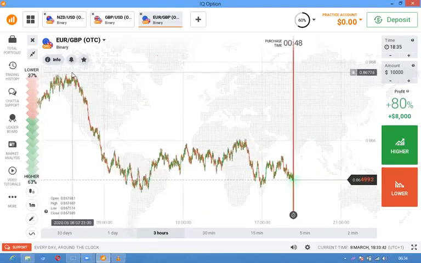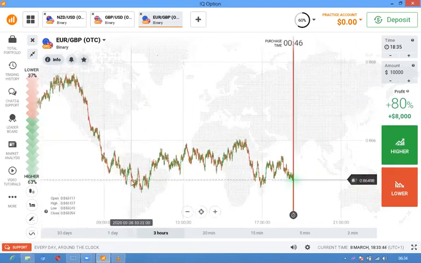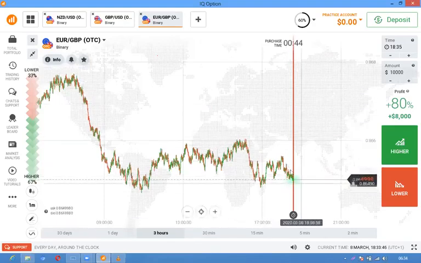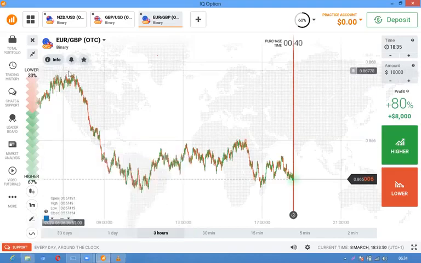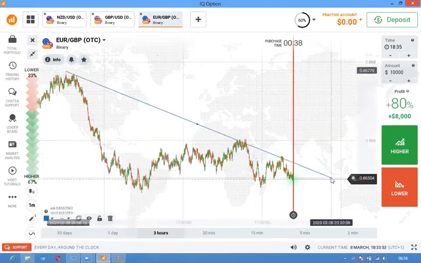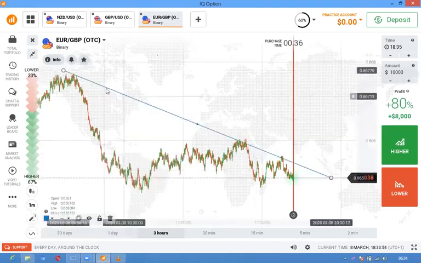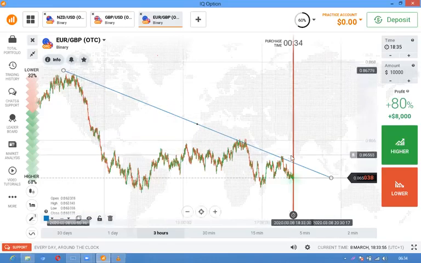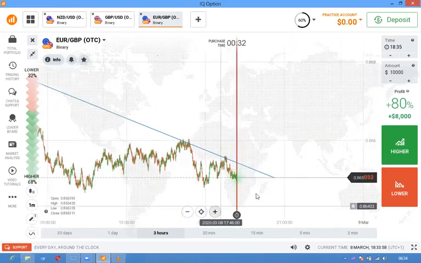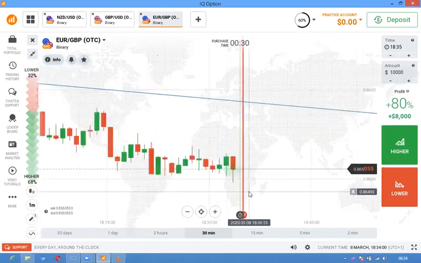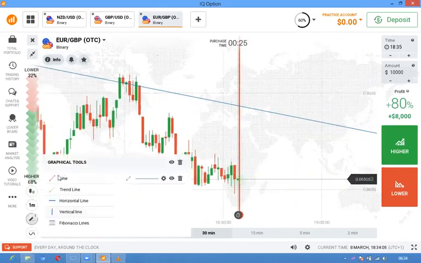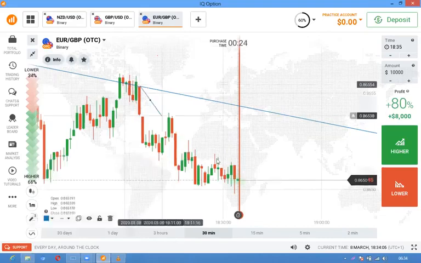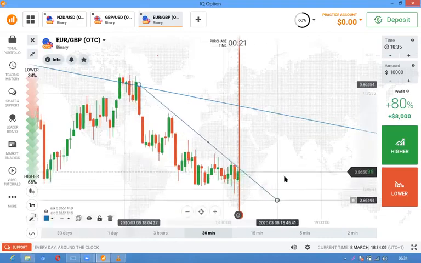So the market started from here, went down, went up again, went down. That means from this level, this is a major downtrend. Now I have my major downtrend. I look at the market again and I'm still seeing another downtrend here, another minor downtrend.